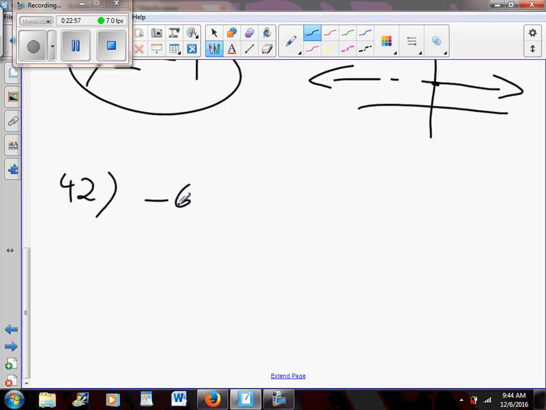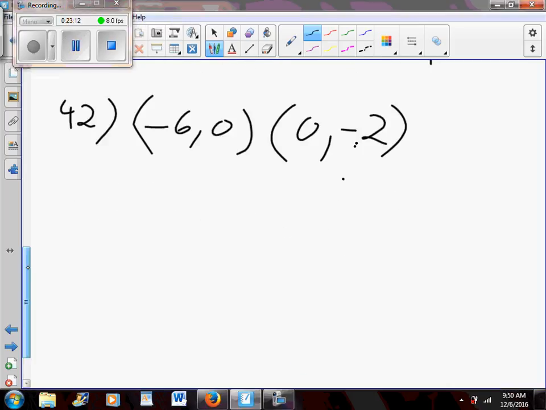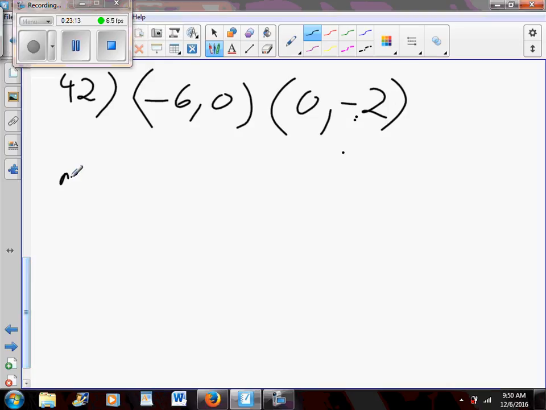This time you're given the line containing these 2 points: -6, 0, and 0, -2. Okay, so when we're calculating slope here, most of y'all were seeing this. Some of y'all were getting your numbers mixed up.